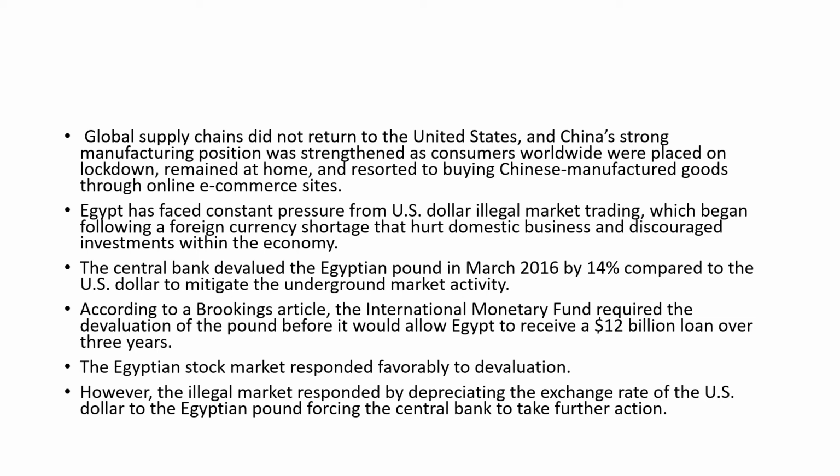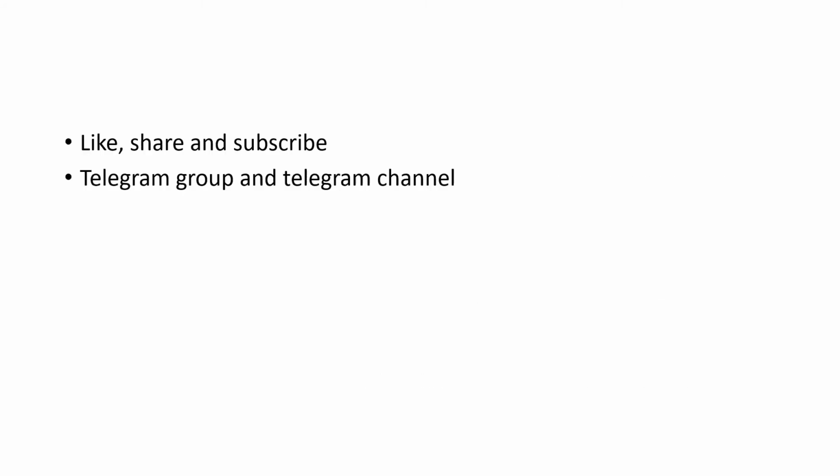According to a Brookings article, the International Monetary Fund required a devaluation of the pound before it would allow Egypt to receive a $12 billion loan over 3 years. The Egyptian stock market responded favorably to devaluation, and the illegal market responded by depreciating the exchange rate of the Egyptian pound against the US dollar. So that was what happened.